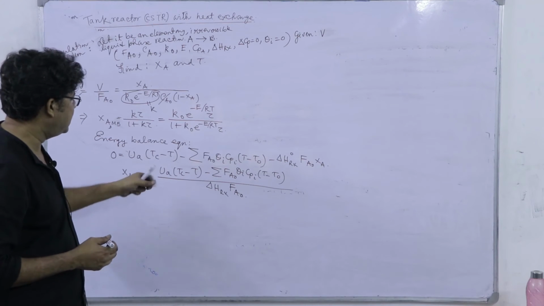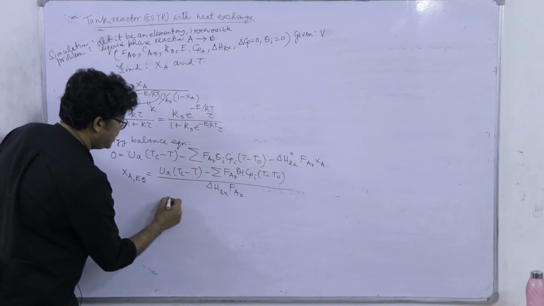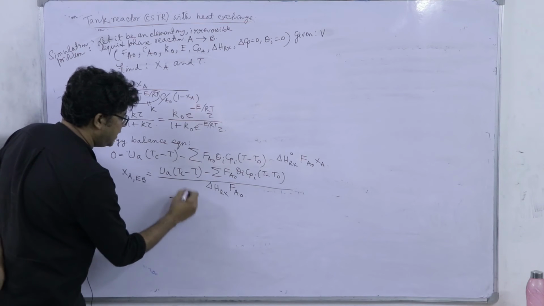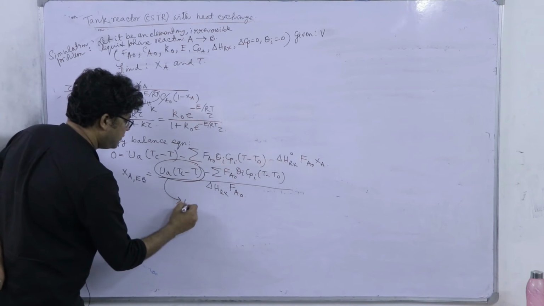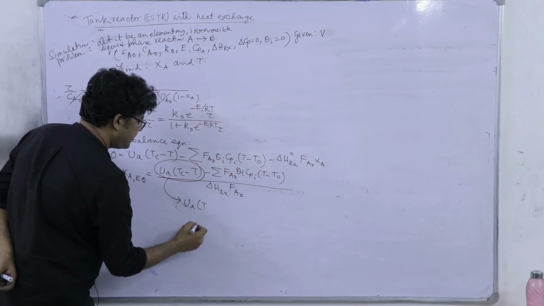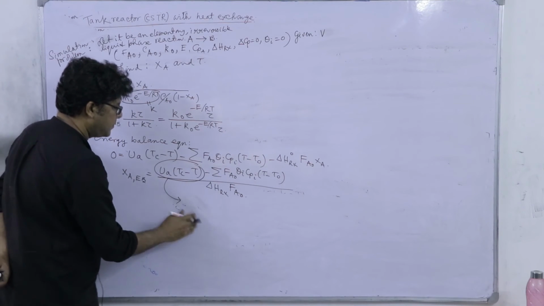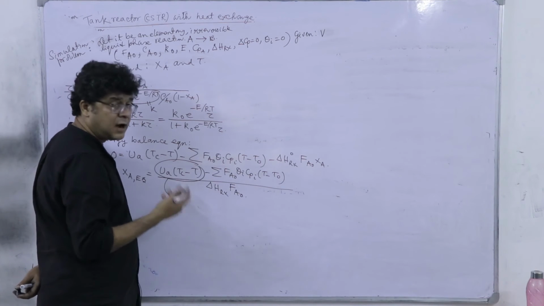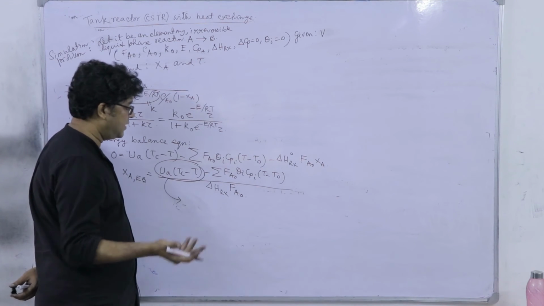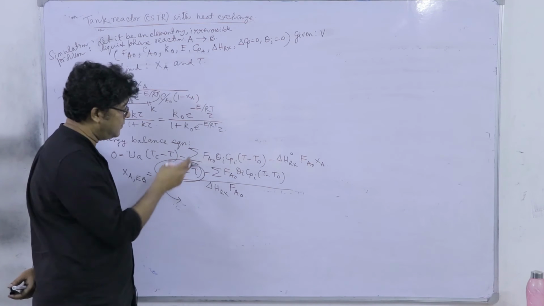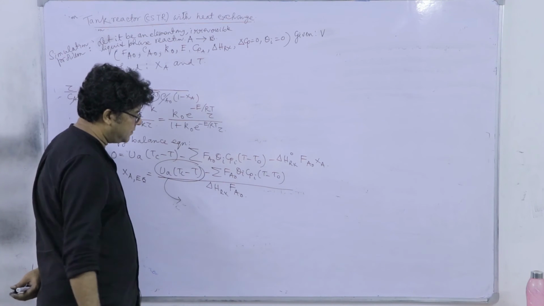Why I am saying nearly? Because Tc is dependent on T itself, right? And truly, this term should be U into A into this, or rather this m dot C Cpc into Tci minus Tco, and Tco is a nonlinear function of T. So that is to be replaced here.